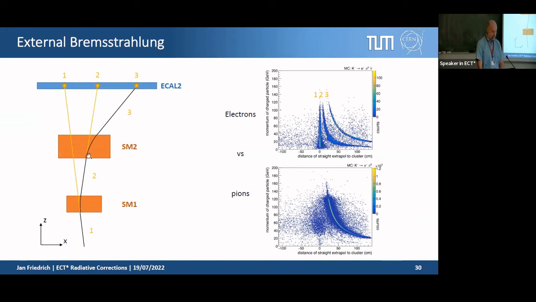And then from the intermediate parts, we see a bow which now bends because the higher the momentum of the charged particle is, the less it is bent, and so the distance to the first point is smaller. That's why it's converging here. But you clearly see these three distinct lines, which in the end, that's one of the details, we have taken into account as additional photons under these specific directions.